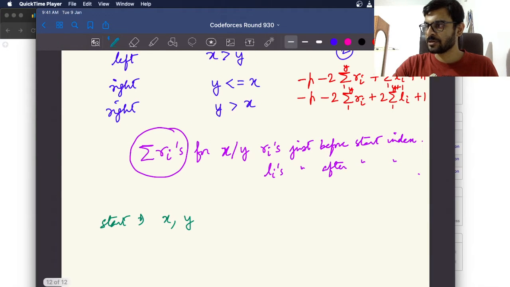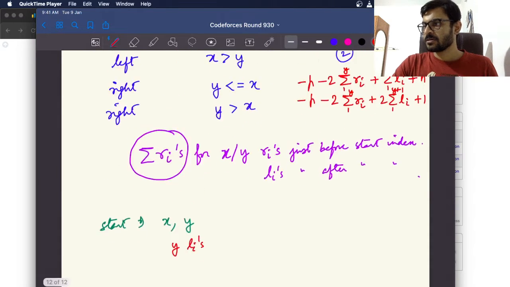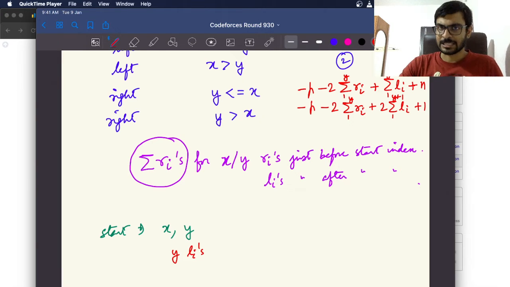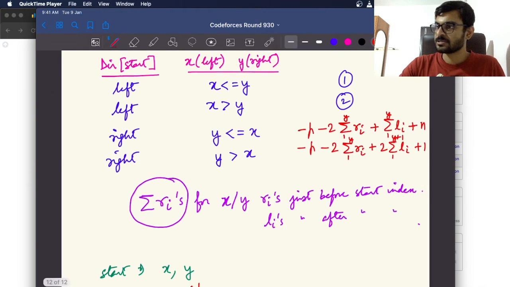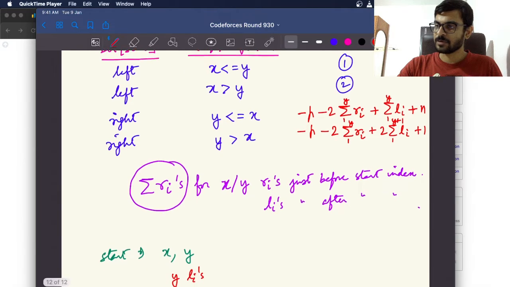Let's say I end up over here. It tells me that I need y number of Li to my right. Now, what this means is y Li are expected, where y is less than or equal to x. I expect the y Li over there.